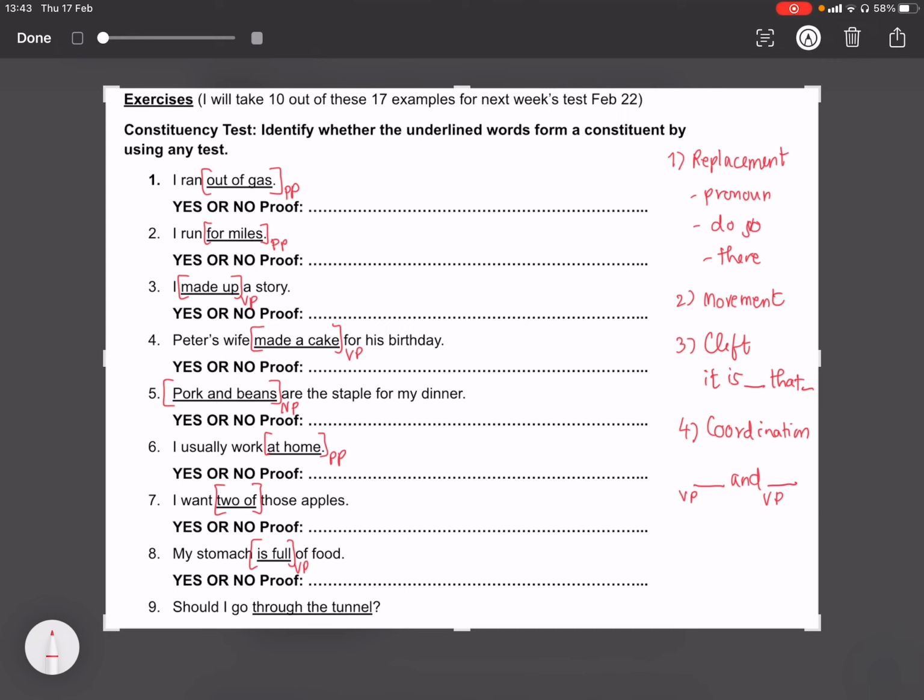But for the constituency test, in order to know whether it's right or not, you need to have that grammatical judgment. It's called grammaticality judgment, which can only come if you are a native speaker.